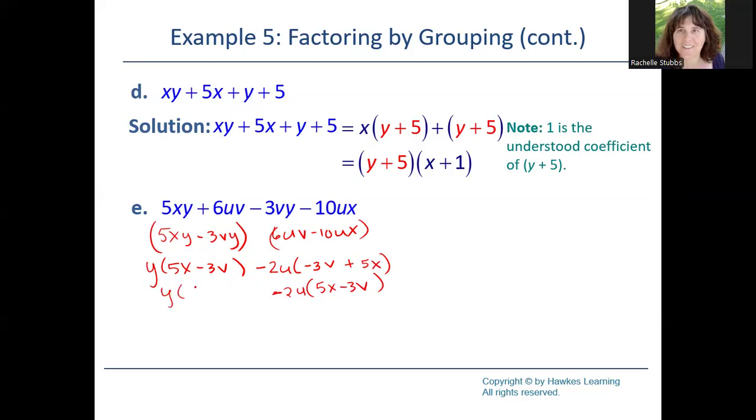And now I do have a common binomial term right here, so I could factor that out. And what's left over is y minus 2u. And that would be my solution. I have broken it down into its 2 Lego parts. These were its factors so that I could construct this.